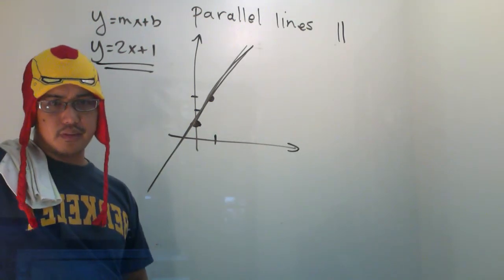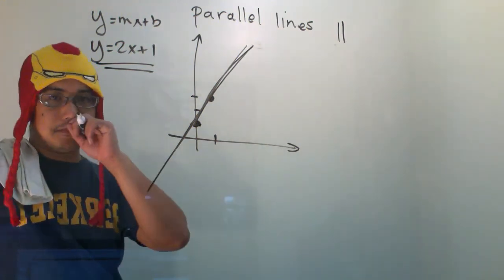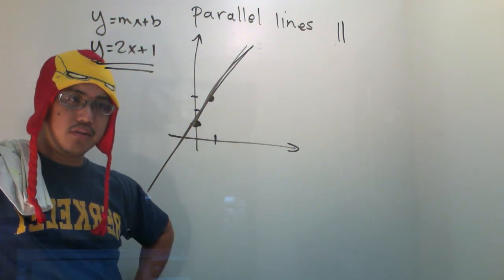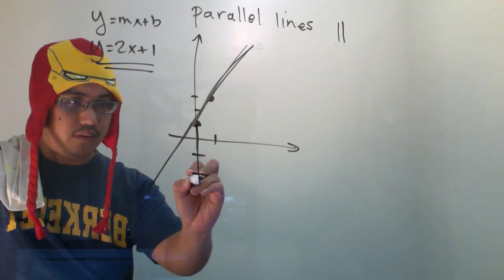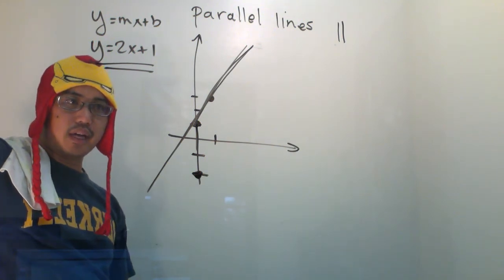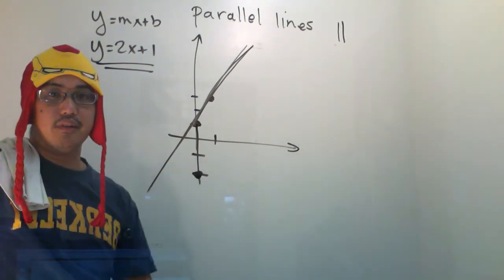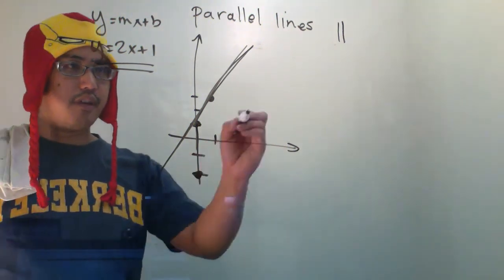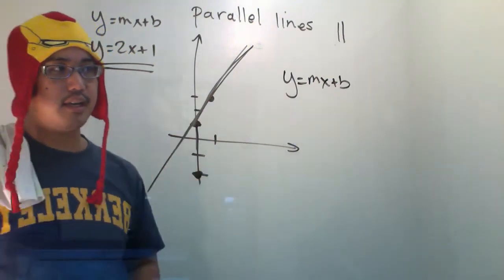Now what I want to do is figure out a line that is parallel to this line. If I start over here, let's start at -2. What kind of slope would I have if my line is exactly parallel to this line over here? I want to figure out the equation, y equals mx plus b, of a line that is parallel to this line.